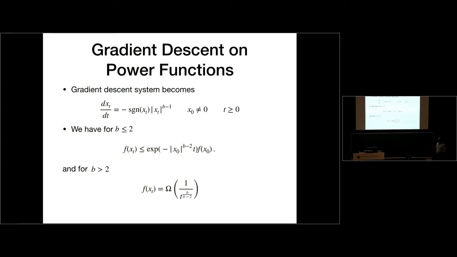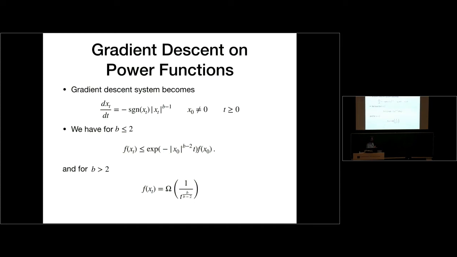Okay. So it turns out you can show, and I've omitted this in the slides because it's not super interesting to go through, that the function value at the curve for b less than or equal to 2 can be upper bounded by an exponential that is decreasing in time, with a rate that depends on your initial position if b is strictly less than 2, or with a rate that is 1 if b is equal to 2, times the initial function value where you started.